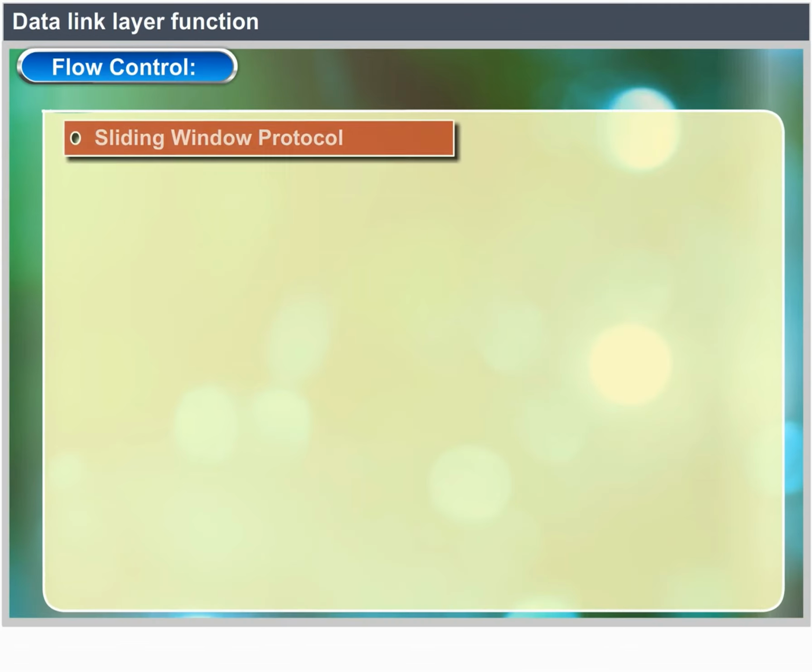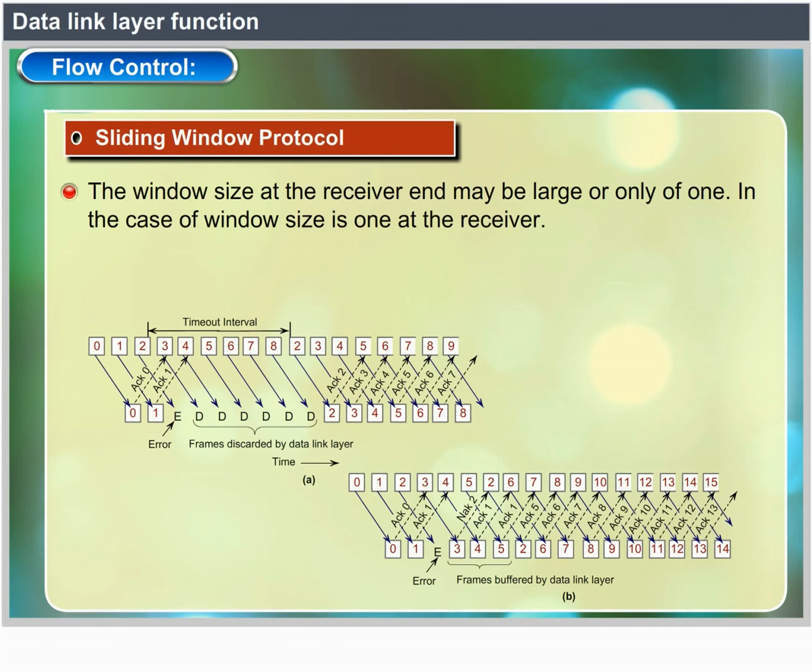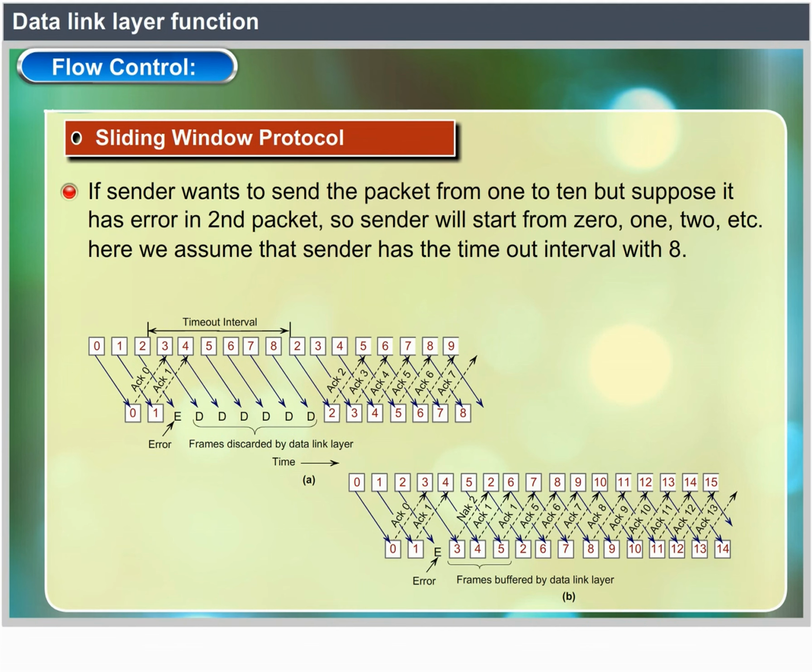Sliding window protocol. The window size at the receiver end may be large or only 1. In the case where the window size is 1 at the receiver, suppose the sender wants to send packets from 1 to 10, but there is an error in the second packet. The sender will start from 0, 1, 2, etc. Here we assume that the sender has a timeout interval of 8.